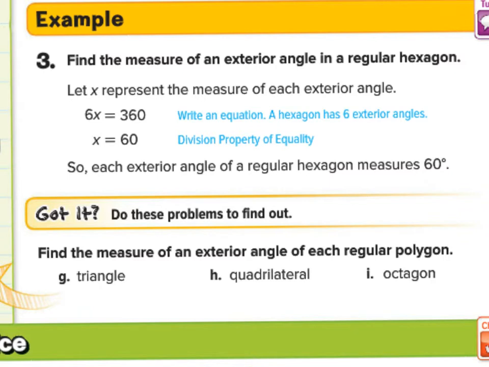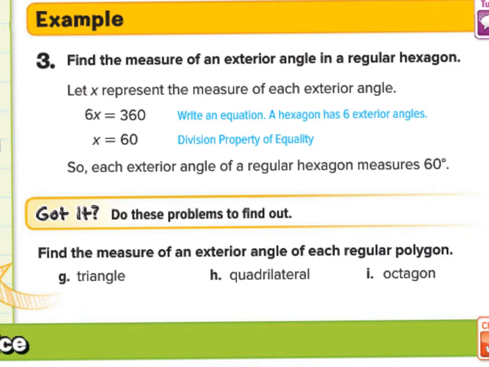Example 3. Find the measure of an exterior angle in a regular hexagon. So regular hexagon, all the sides are equal, and all the angles are equal. And they want us to find one of the exterior angles. Now, we don't know what they are, but we do know that a hexagon has 6 sides.